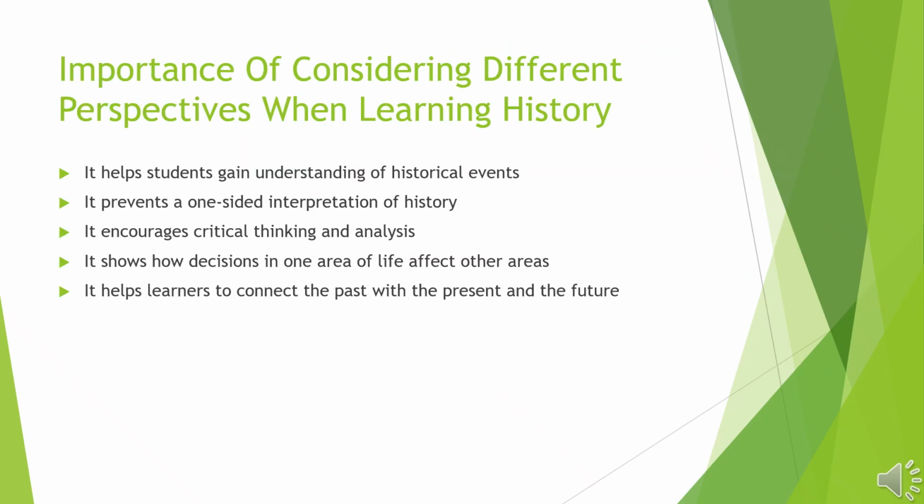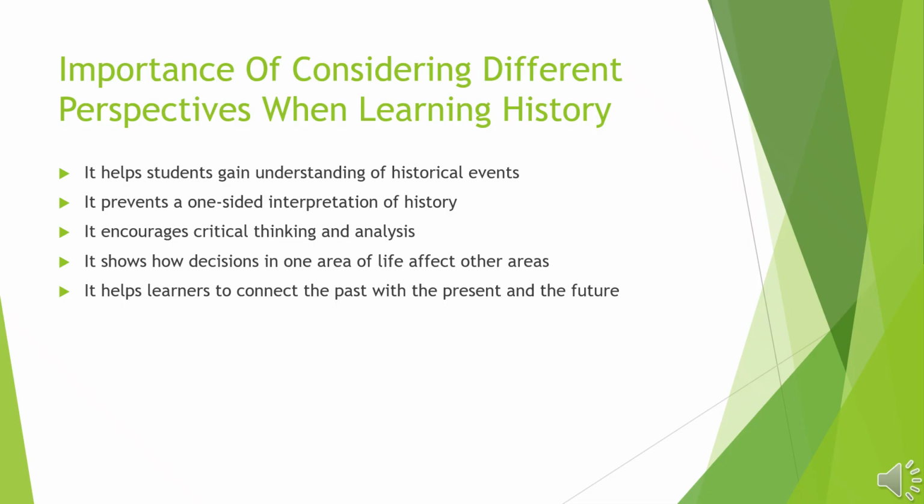And then we come to the importance of considering different perspectives when learning history. This one is also very important because before you can understand historical events, you need to compare different branches, that is, different perspectives. It helps students gain understanding of historical events.